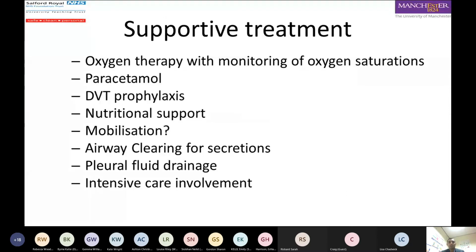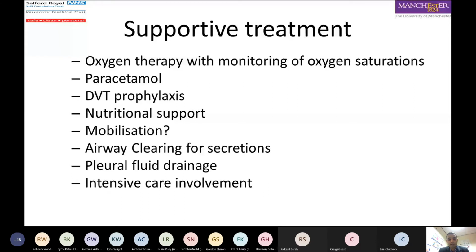I'll talk briefly on supportive treatment, which buys you time for antibiotics to kick in: providing oxygen, painkillers, and fever relief with paracetamol, making sure that the patient has adequate DVT prophylaxis, whichever form, and adequate nutritional support.